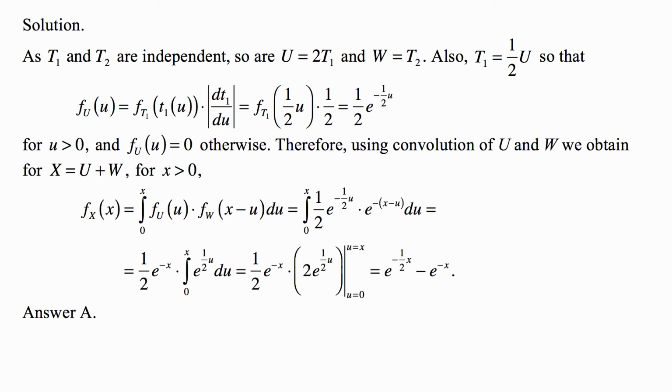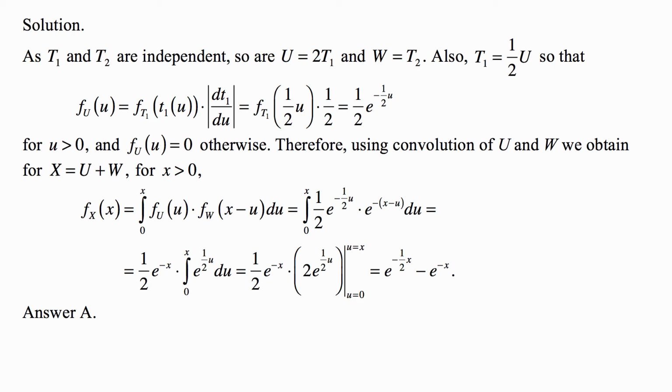So f sub X of x for X equal to U plus W is the integral over all possible values of the variable in the first density and the variable of the second density, so that they add up to x. And of course that u, that is in f sub U of u, can run from 0 to x. That's why we take the integral from 0 to x, so that as u runs from 0 to x, u plus x minus u add up to x exactly. So that's the point of this convolution calculation.